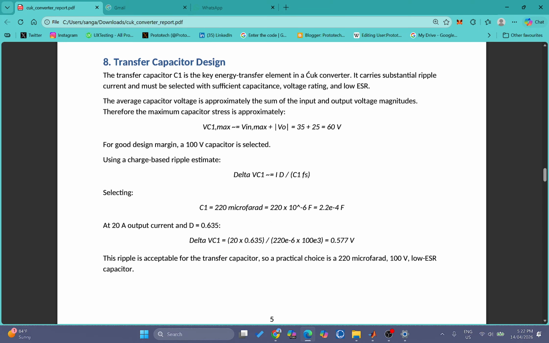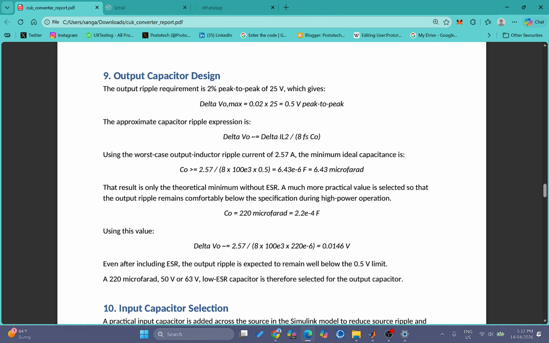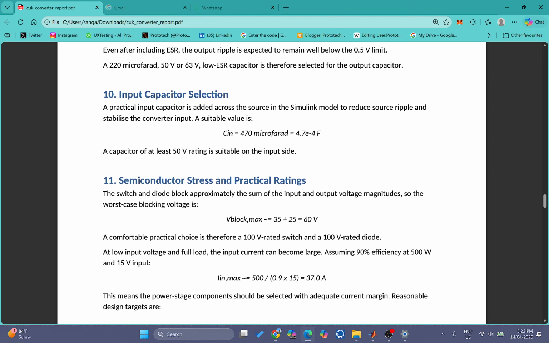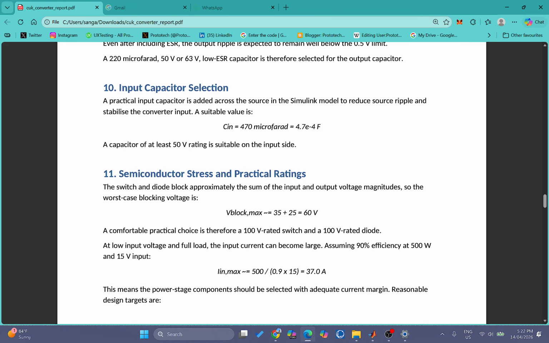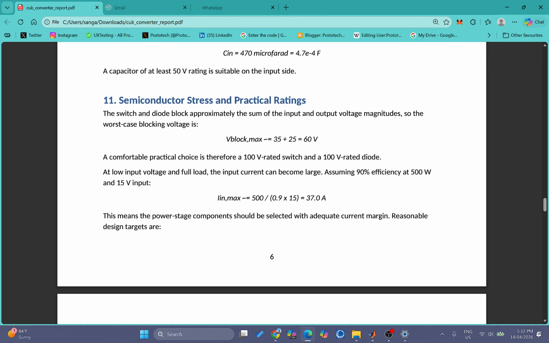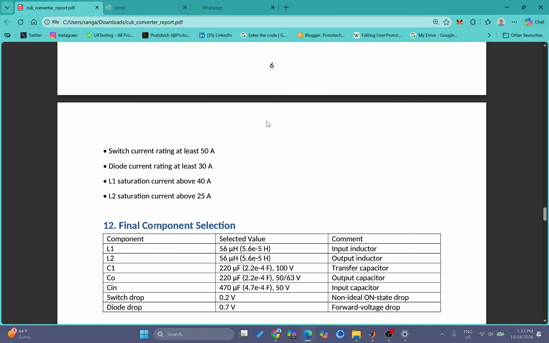Capacitor calculations here, then the filter capacitor design here, then after calculating, we are considering some values here, and semiconductor stress and practical ratings are used.